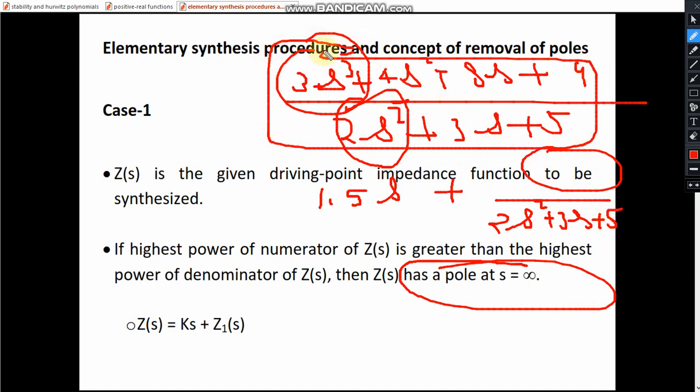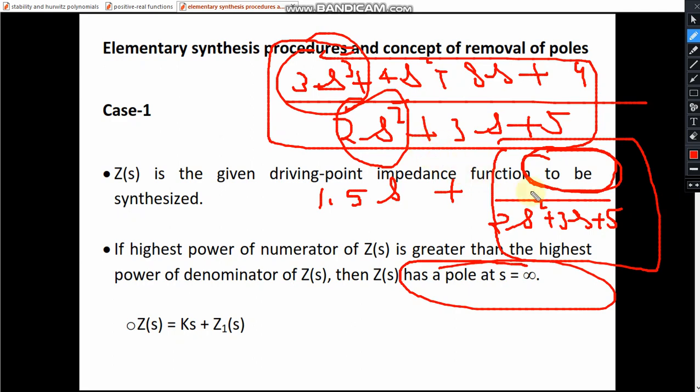If it is not a positive real function, we cannot continue. So, if this is a positive real function, then the remaining function will also be a positive real function. And here the numerator will have power 1. The power will be subtracted by 1 or 2.